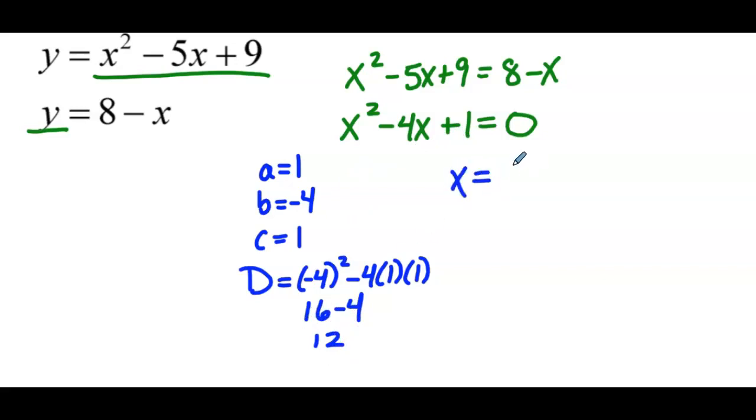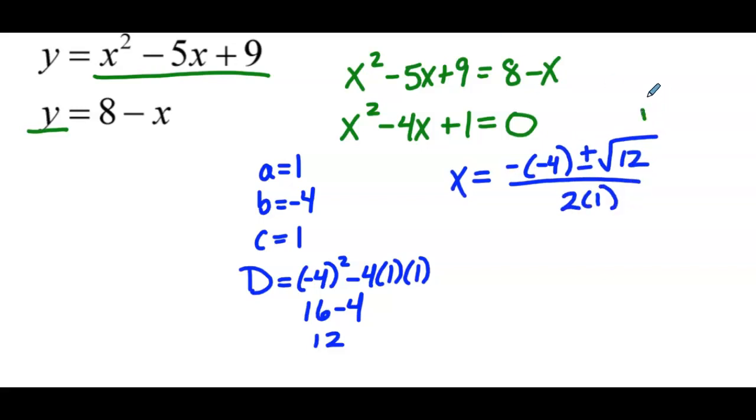So x equals negative b plus or minus the square root of the discriminant all over 2a. So the square root of 12 can be simplified to the square root of 4 times the square root of 3, which is 2 times the square root of 3.